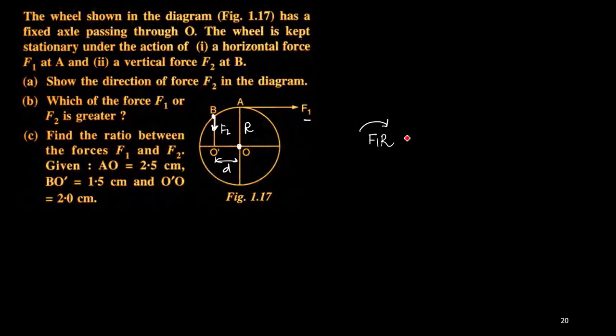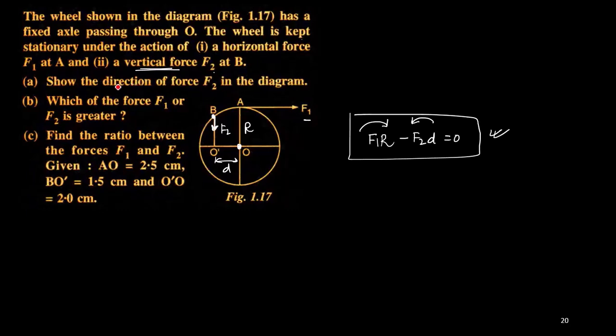It is the opposite direction. So F1 into R minus F2 into D in the anti-clockwise direction is zero moment. It is possible, and if this is possible, that means I can say the body is in equilibrium. So vertical force F2 should be downward.